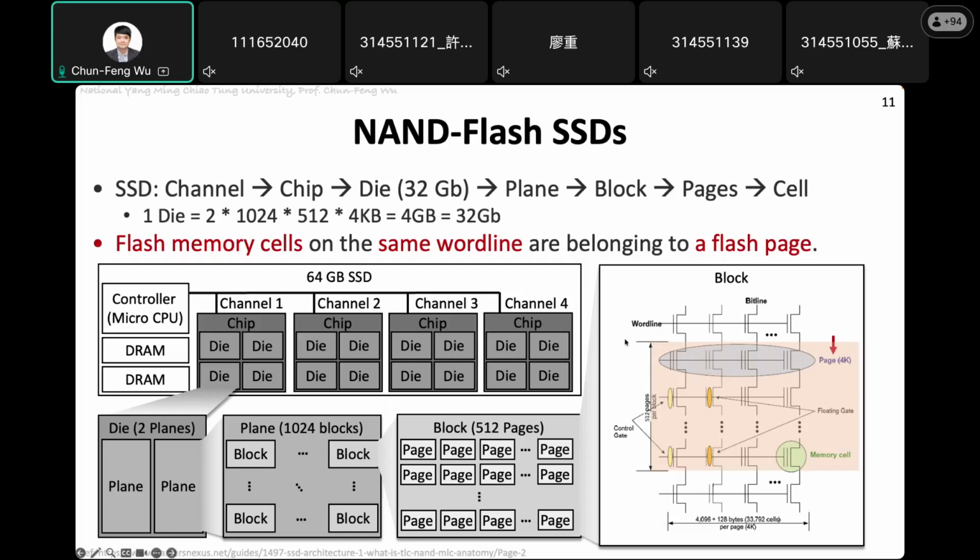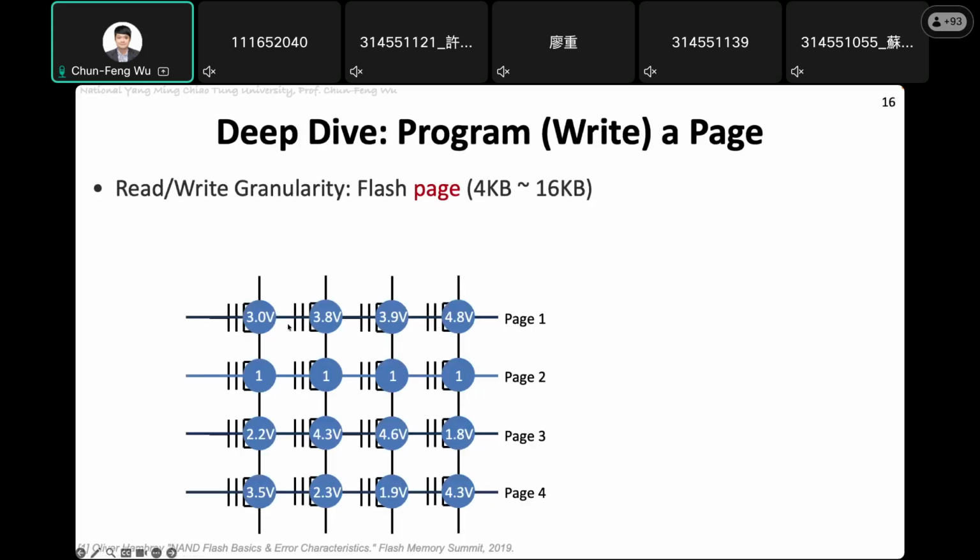Once again, each row in this kind of diagram is called a page. So on the row, there are a lot of memory cells, okay? I use the same example here. This is the first page, second page, third page, and the fourth page, okay? And on this page, there are memory cells.